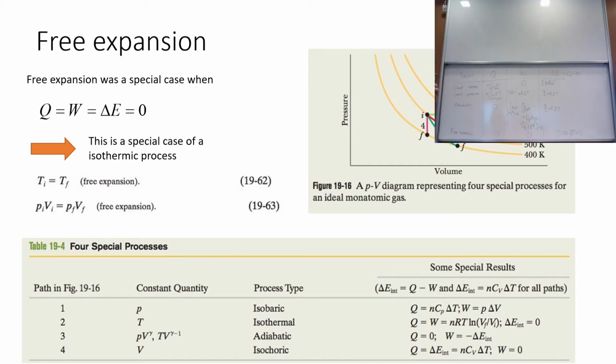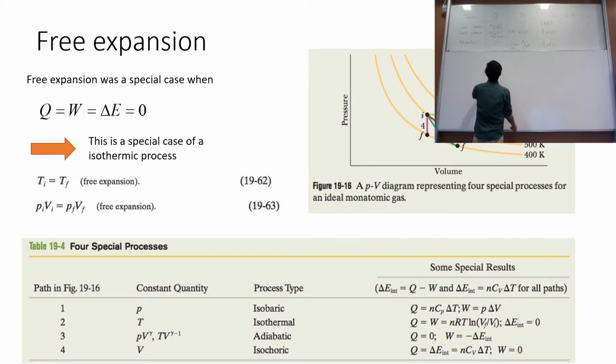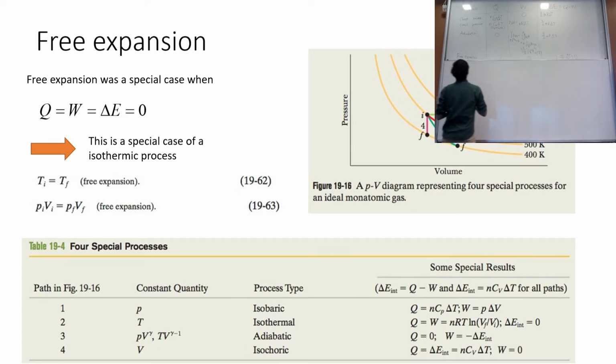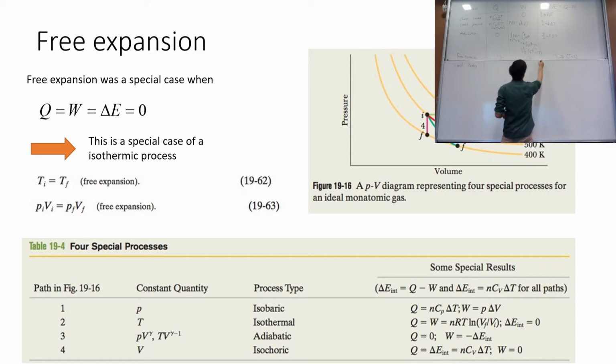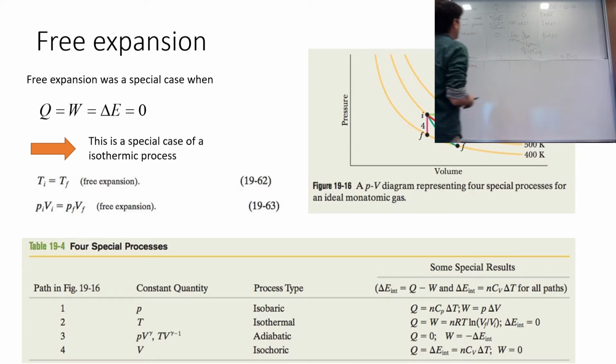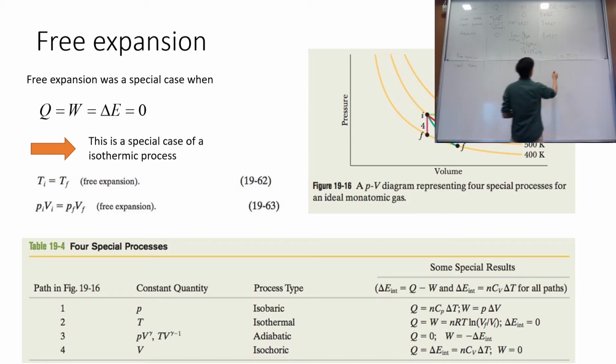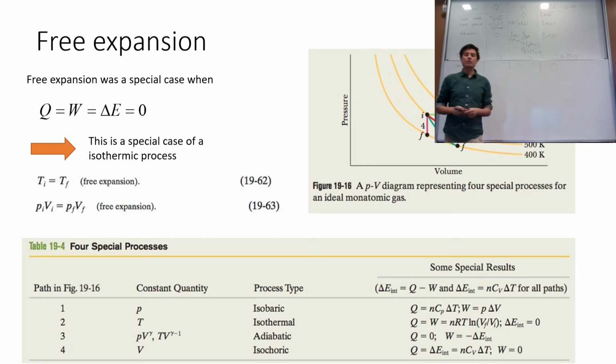Okay, and then maybe I should just complete this table here. I did free expansion, and the last one that's missing is constant temperature. So for constant temperature, again, this is zero, because the internal energy change is zero.